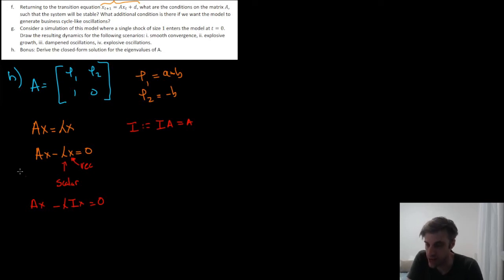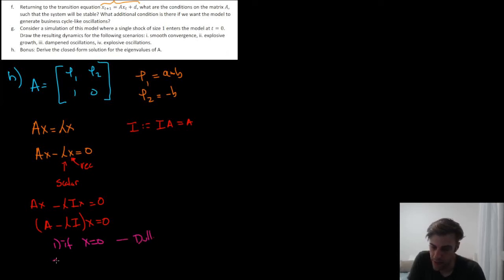Now we can factor x out, so we'll get A minus lambda I, times x, equals 0. And we need to know, when does this equation equal 0? So there are two situations. Situation 1 is this equals 0 if x equals 0. Okay, fine. This is dull. We don't care. And then 2, this equals 0 if the determinant of A minus lambda I equals 0.